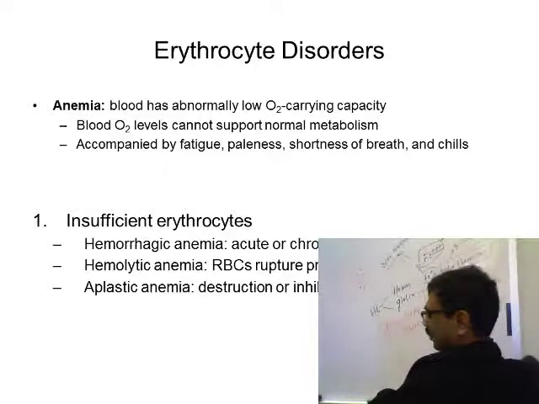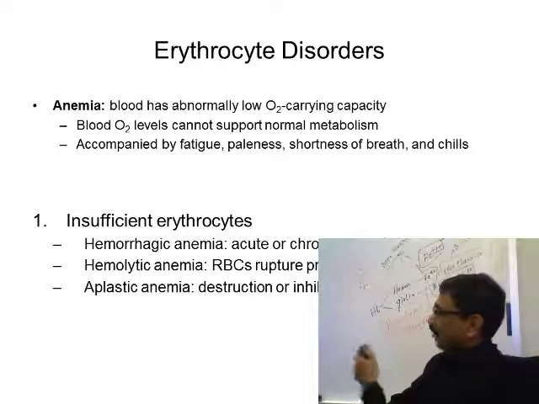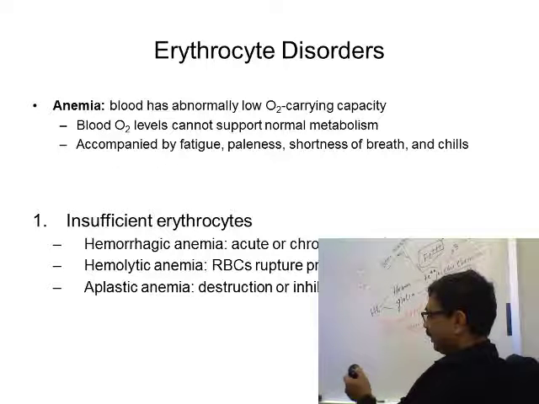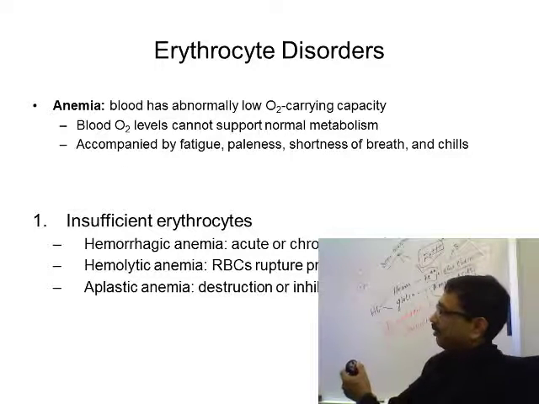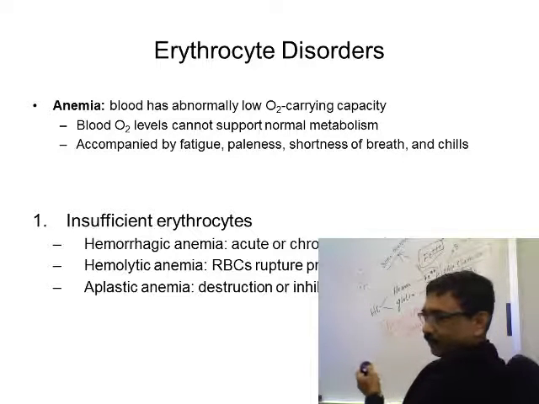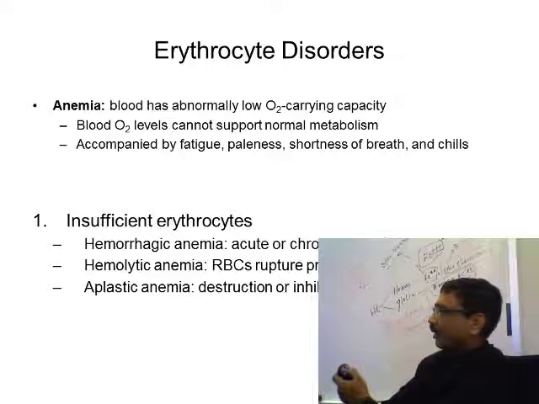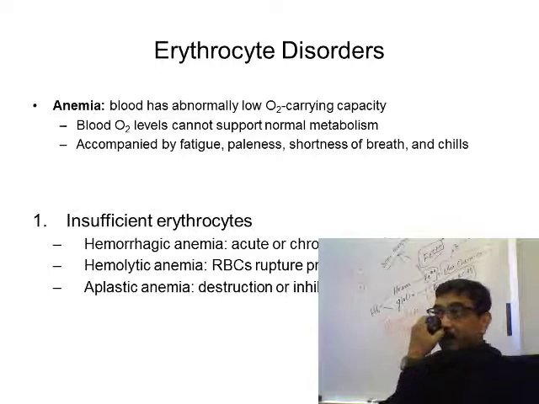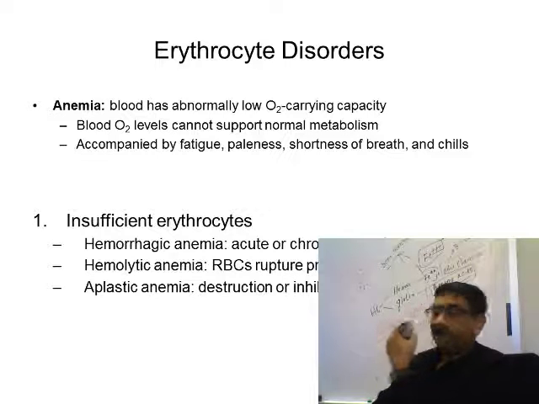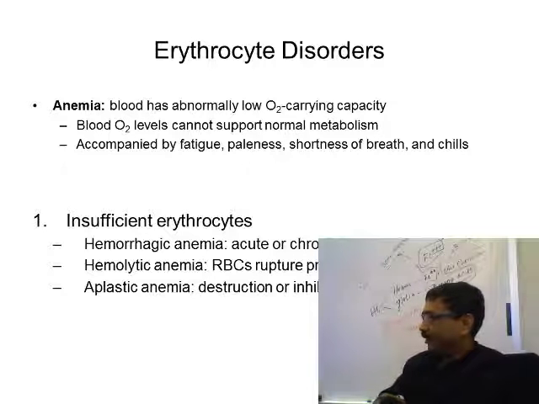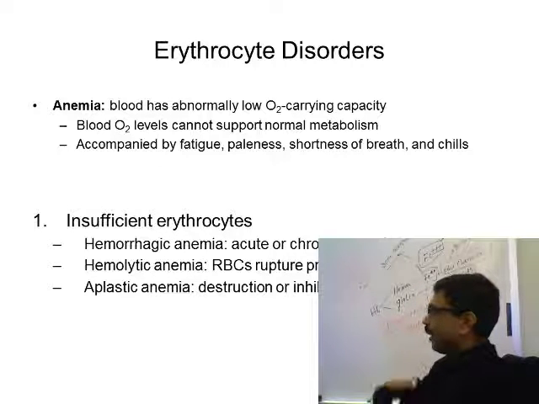Now, we classify anemia in different groups. First, insufficient erythrocytes can cause anemia. That means in your circulation, the number of red blood cells is less. That will definitely cause anemia or decreased oxygen carrying capacity.